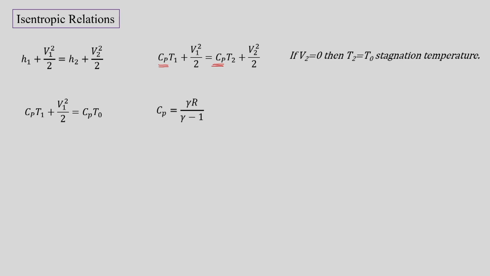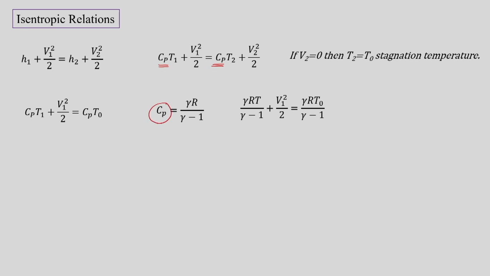But we know that Cp is equal to gamma R upon gamma minus 1. Therefore, we get gamma R T divided by gamma minus 1 plus V1 square by 2 is equal to gamma R T naught divided by gamma minus 1.